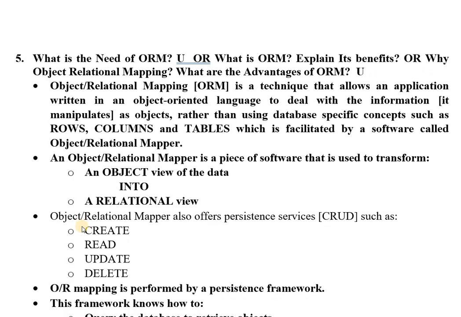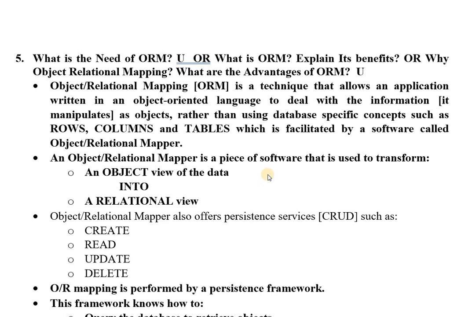Now we come to the next set of questions that says, what is the need of ORM? What is ORM? What are its benefits? Or why we have object relational mapping and what are its advantages? So a different set of questions can be asked. You can still write the same answer.